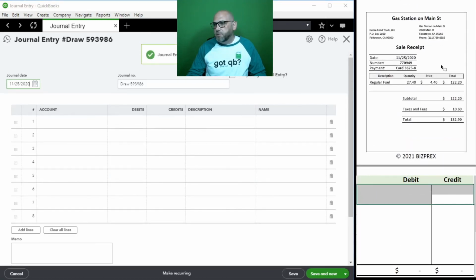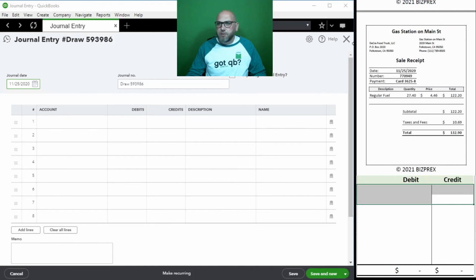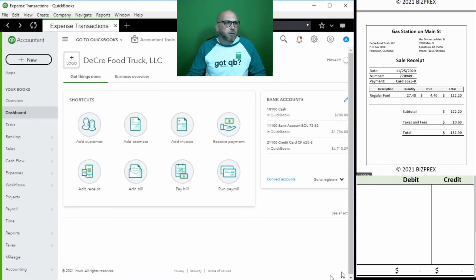All right, next we have a receipt from our gas station, right? So we went to the gas station, filled up our food truck, and here we are, we got this receipt. So we're going to book it. The easiest way to book it probably would be through the expense module.